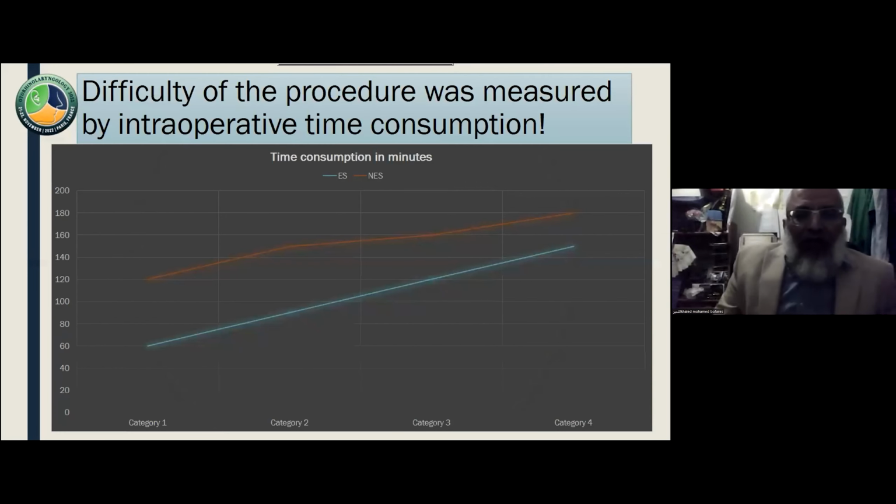The difficulty of the procedure is assessed indirectly by the intraoperative time consumption. As I mentioned in my talk yesterday, difficulties can be overcome by proper visualization in sinus surgery.